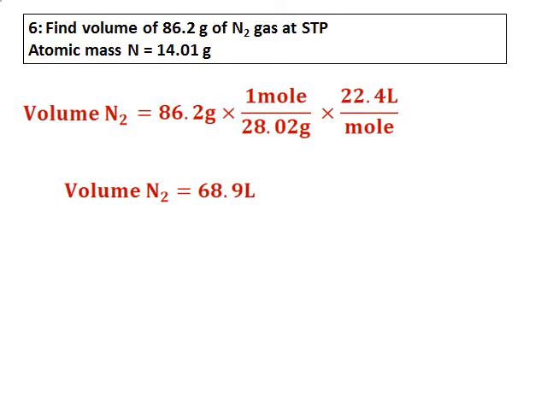I've converted the 86.2 grams into moles by dividing by the molar mass. See that nitrogen exists as N2, therefore the molar mass is 28.02. Then when you multiply by the volume occupied by 1 mole, I get the volume of nitrogen for 86.2 grams of nitrogen.